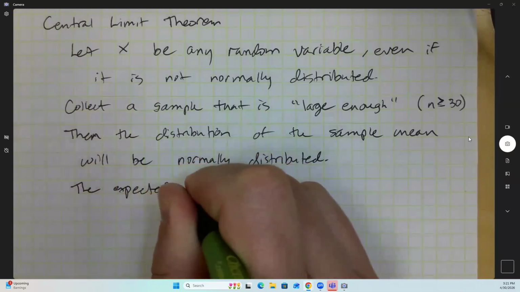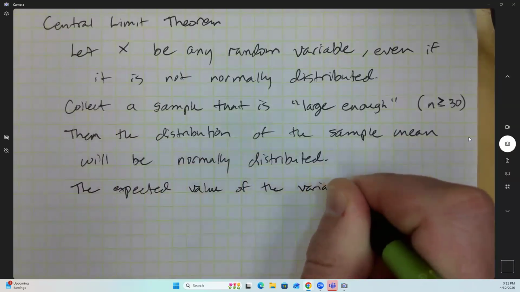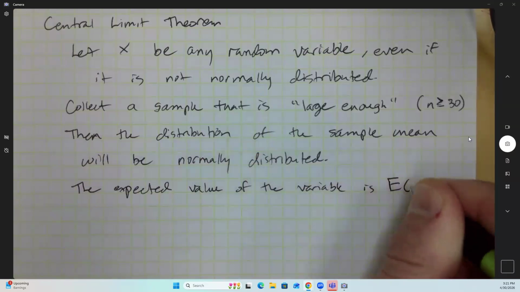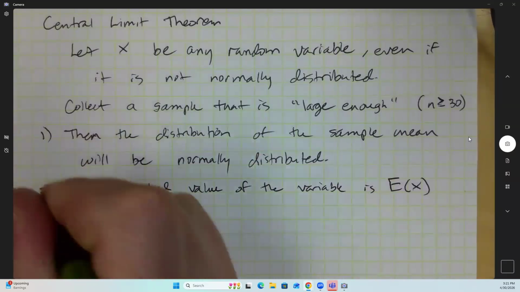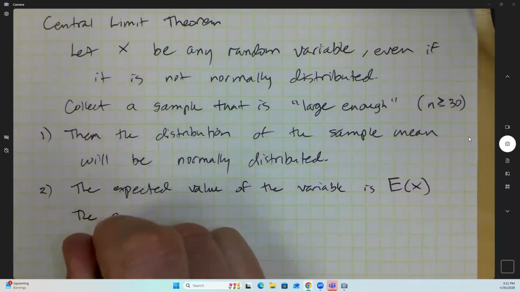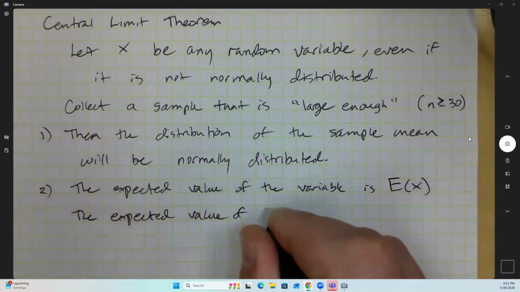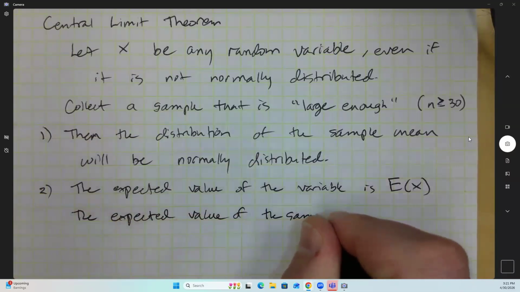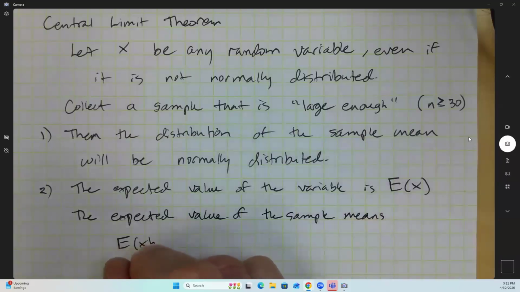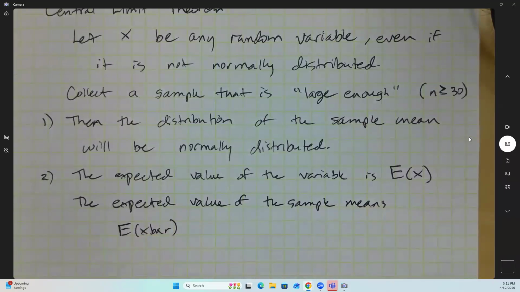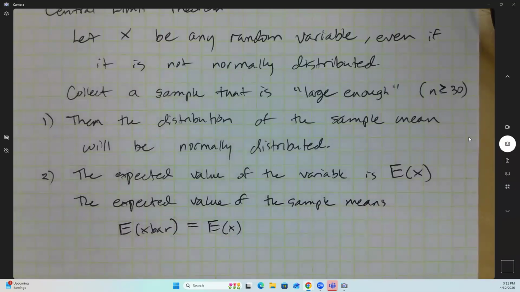The expected value of the variable is E of x. The expected value of the sample means, expectation of x bar, E of x bar, is also E of x.